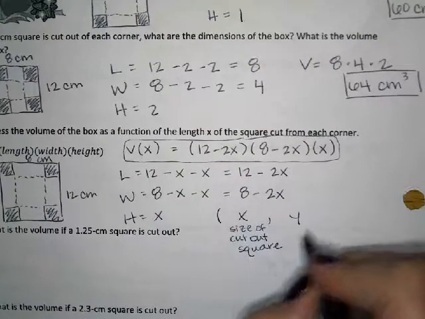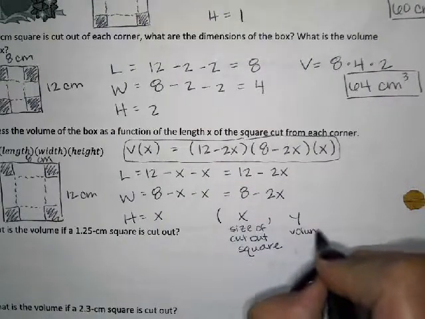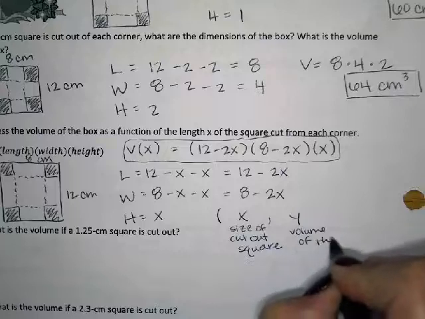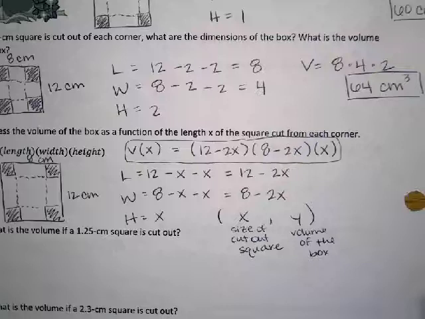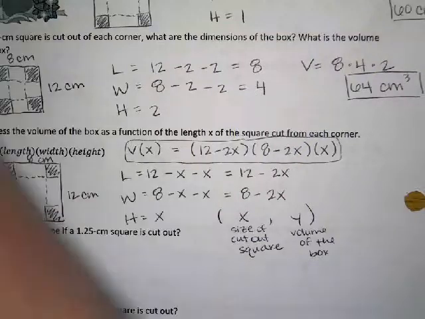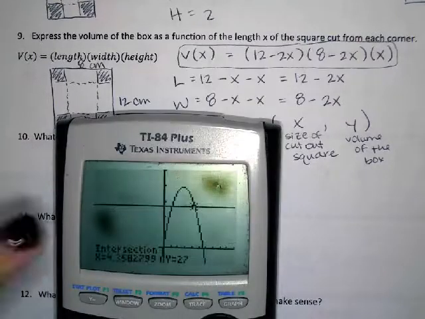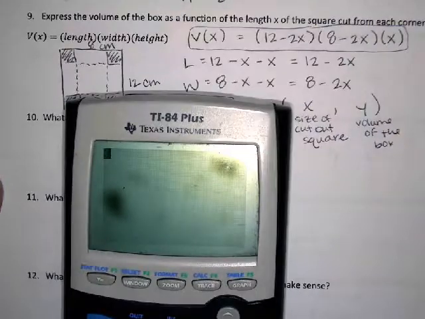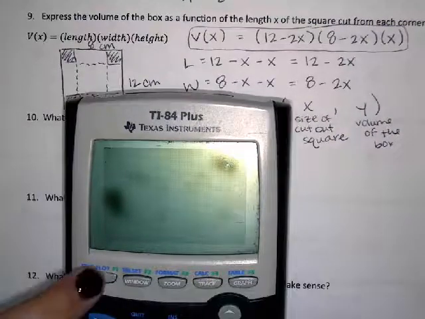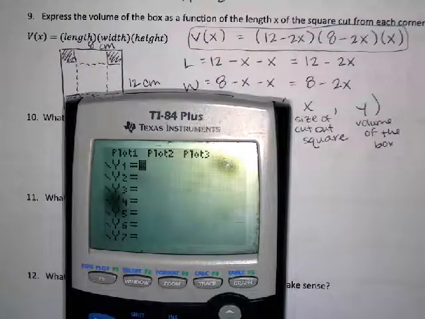I'm going to do second plus 7, 1, 2, to clear my calculator. And now I'm going to plug this into the y equals. So 12 minus 2x, 8 minus 2x, and then just x.